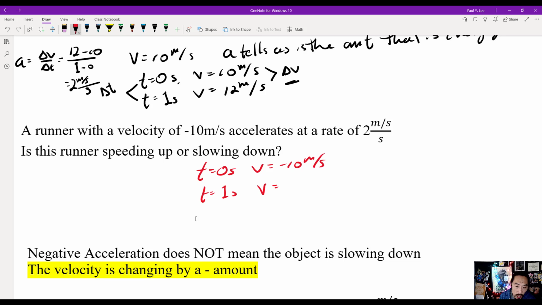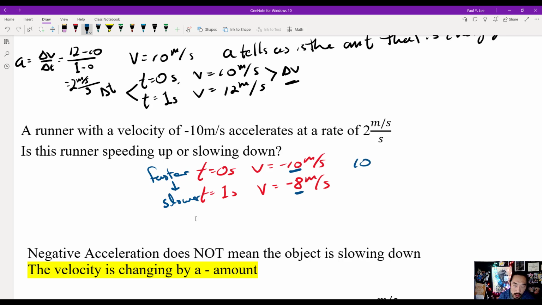So this would be negative 10 plus 2 gives us a total of negative 8 meters per second. And just a reminder here that that negative just tells us the direction. It's the magnitude that we're looking at. So 10 versus 8. We were faster here, and then we got slower. Okay, so we were fast, and then we got slow.